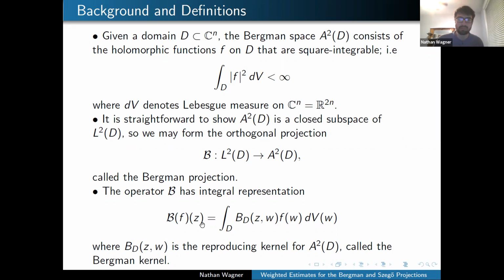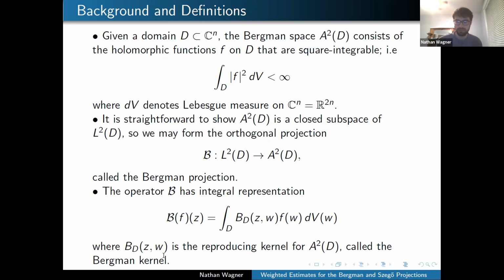So the Bergman projection applied to a function f can be given as integration of the function f against this kernel B_D(z,w), and B_D(z,w) is called the Bergman kernel, and it's what's called the reproducing kernel for A2, aptly named because it reproduces the values of functions in A2.